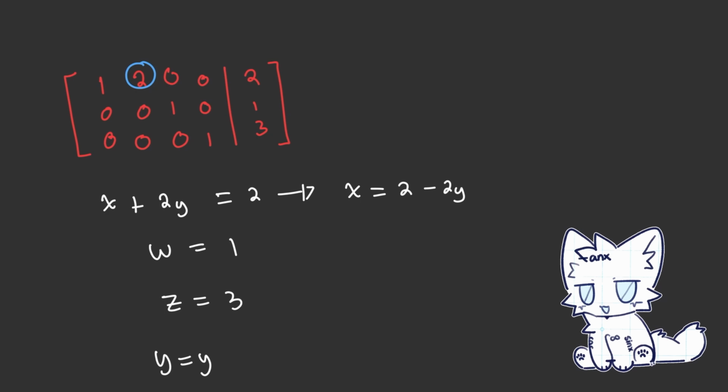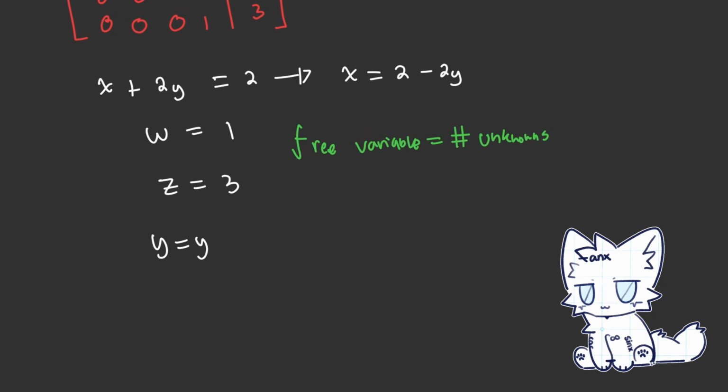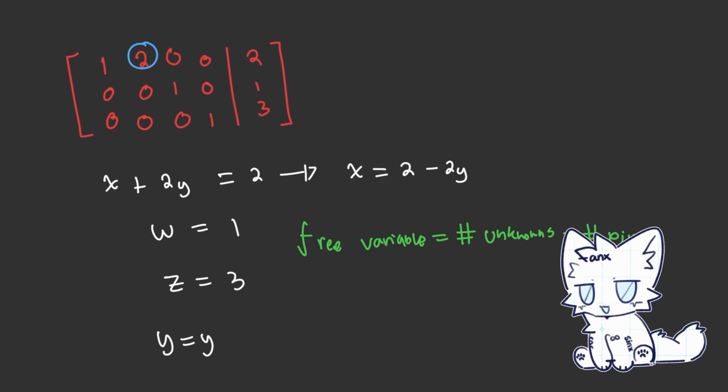So a quick rule to remember this is the number of free variables is equal to the number of unknowns minus the number of pivots. So if you look here, we have one free variable, but let's say we didn't know that.